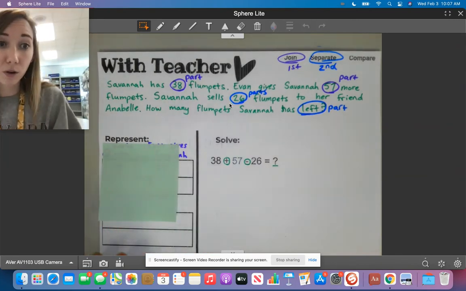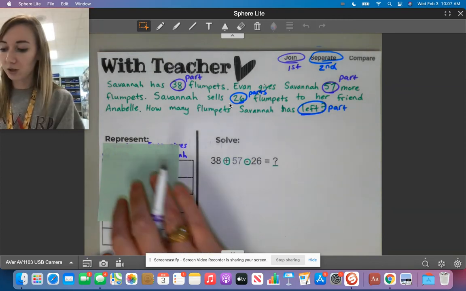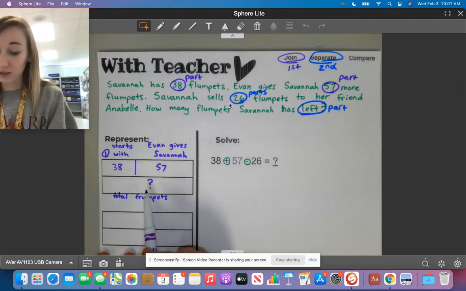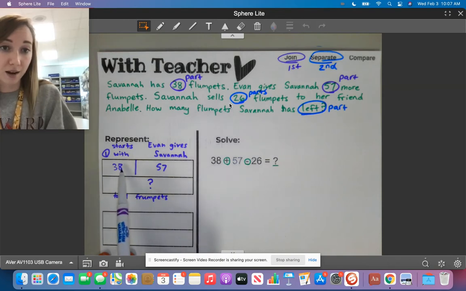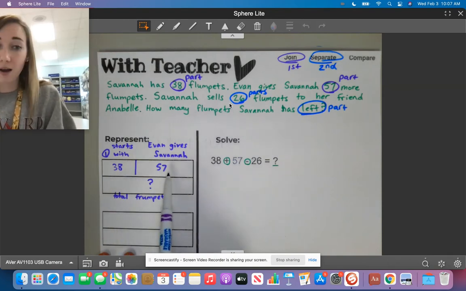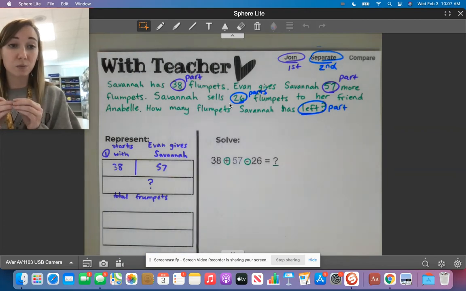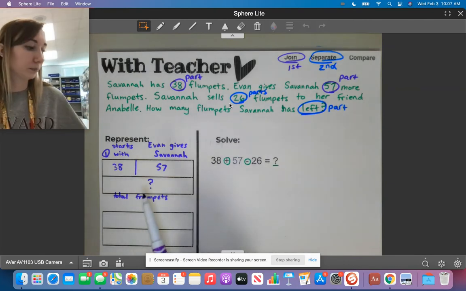And do we know the whole yet? We do not know the whole yet. So our strip diagram should look something like this, okay? So we don't know the whole. We don't know the total Flumpets. We do know what we start with, right? What Savannah starts with. And we do know how many Evan gives her. And if we add those parts together, then we can find the total number of Flumpets in the whole problem, right?